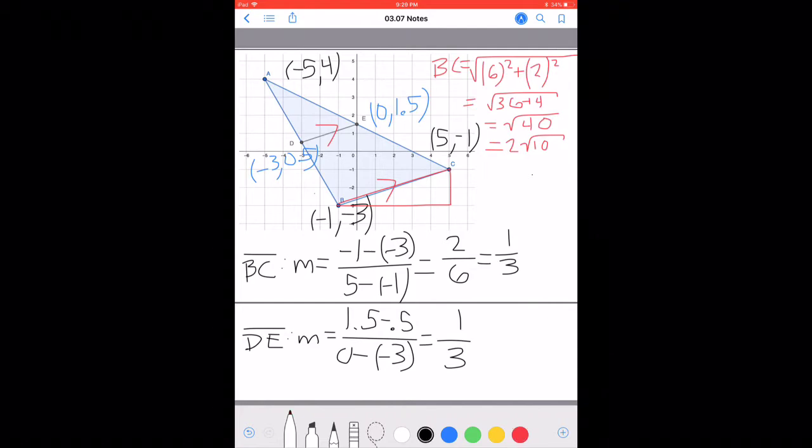Now if we go and do this for our mid-segment, we can do this with our decimals. So again, the distance between D and E, so DE without the line segment, that means distance. We saw above that we can just steal the information from our slope, so we would get 3 squared plus 1 squared.